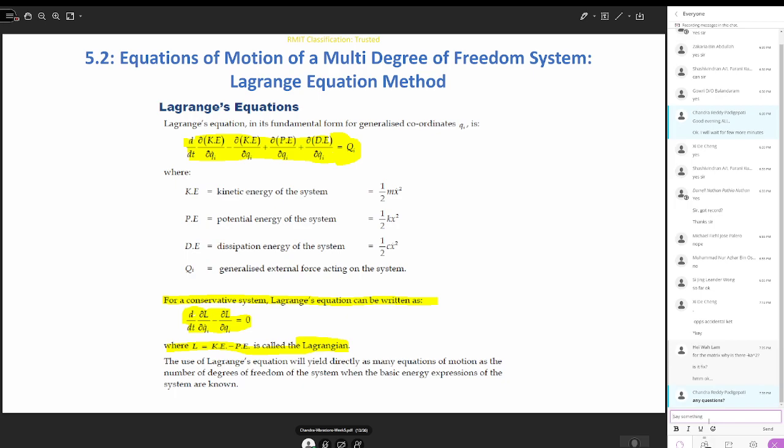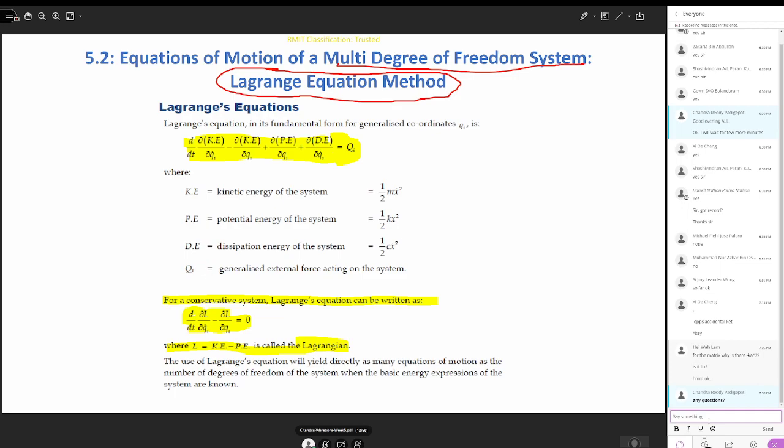We can also use the same energy method for multi-degree freedom systems, and this method is popularly known as Lagrange's equation method. Lagrange's equation method is nothing but the energy method to derive equations of motion for multi-degree freedom systems. So the Lagrange's equation you can write in two forms.